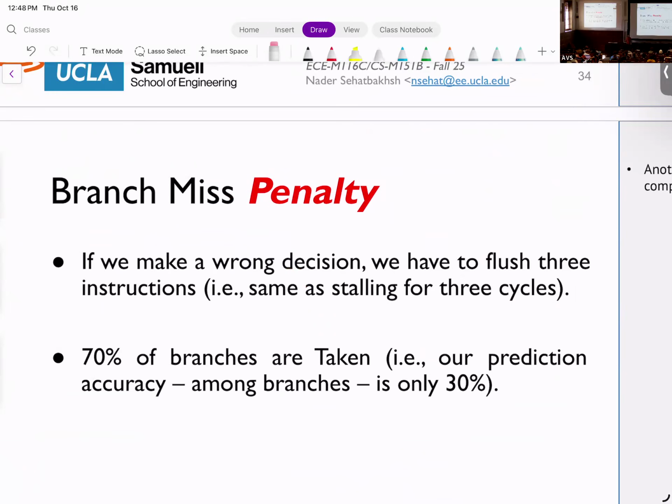We fixed that issue, but still our branch miss penalty is 3 cycles. And our branch detection accuracy is 86%, right? Because for all the non-branch instructions, we predict not taken, and that's great because 80% of the time that's true. For taken branches, on average, we are only accurate 30% of the time. So together, it's only 86% accuracy and 3 cycles of penalty.